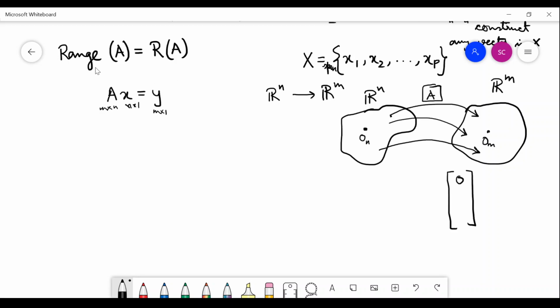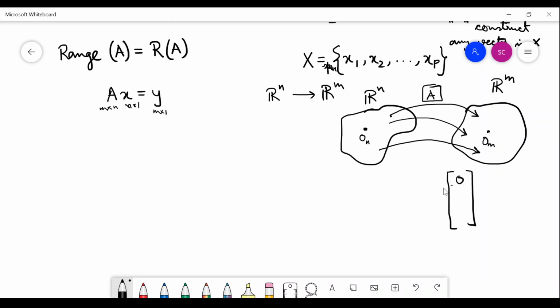Then we say that the range space of A is this Rm minus 1, not Rm anymore. So wherever it puts the vectors from this n dimensional space, the dimension of that space is the dimension of the range space, and that space where it puts the vectors is called the range space of A.